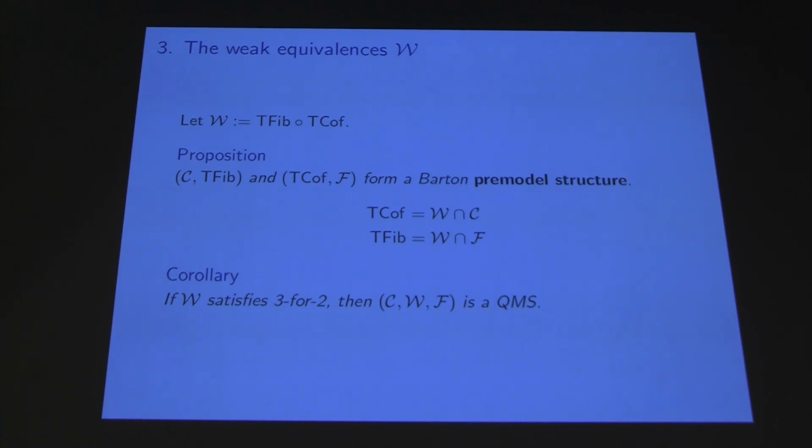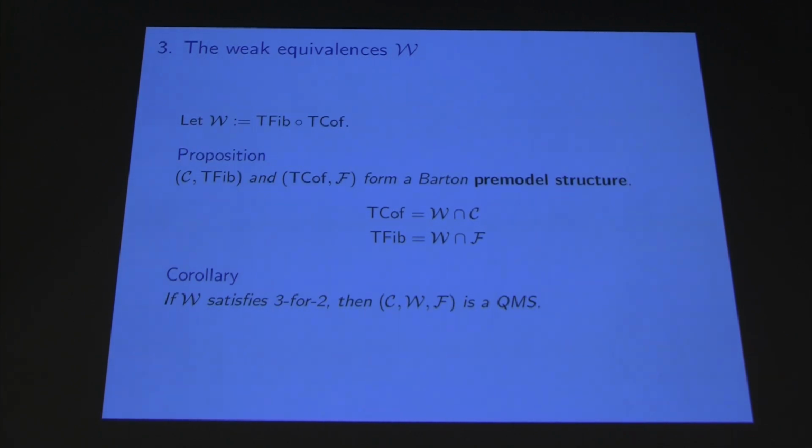That immediately satisfies a nice kind of compactness condition, which makes a convenient stopping point on the way to building a model structure. All we have to do now is show that those weak equivalences, defined in that way, satisfy the 3 for 2 property, and then we're done. So that's a nice way of articulating the construction of the model structure. I guess it comes from Joyal and Tierney's work. So that's our next goal now.